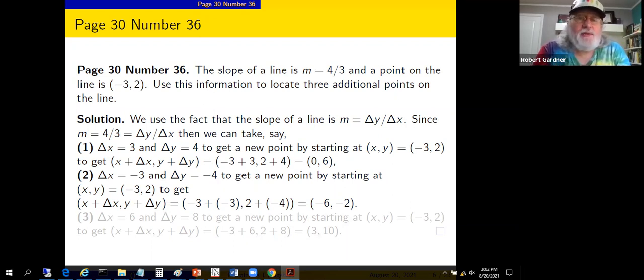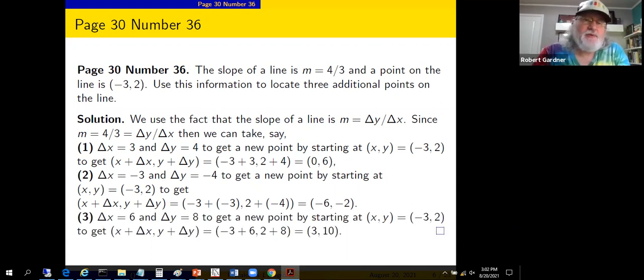They want 3 points. All right, here's an easy way to do it. Like I said, there's an infinite number of ways to do this. We could use delta x is 6 and delta y is 8. Then when we take the ratio, 8 divided by 6, which reduces to 4 divided by 3. Let's use that because it's easy. What else could you use?